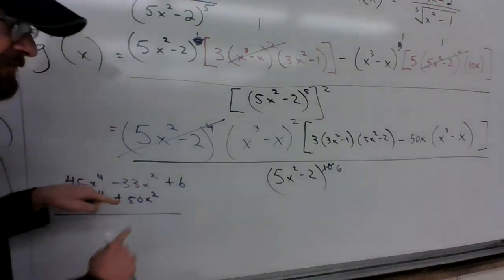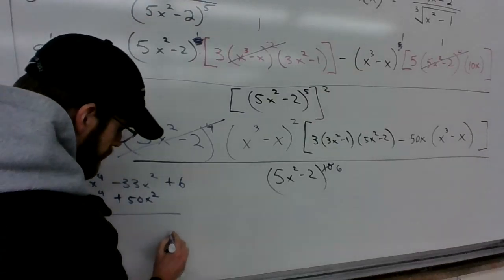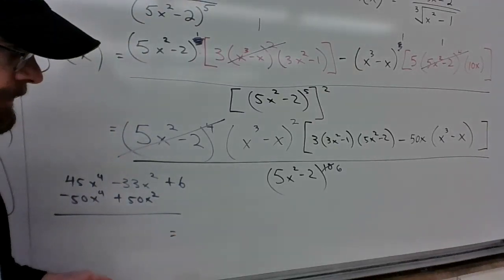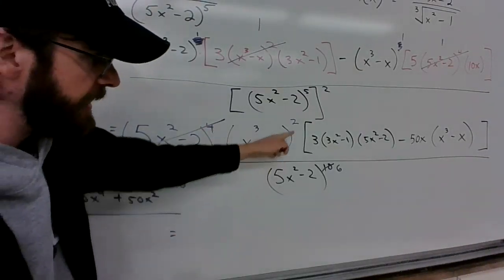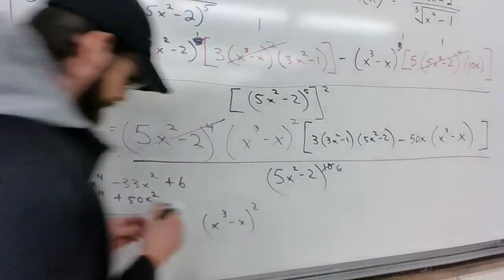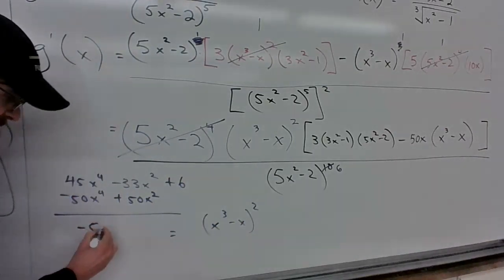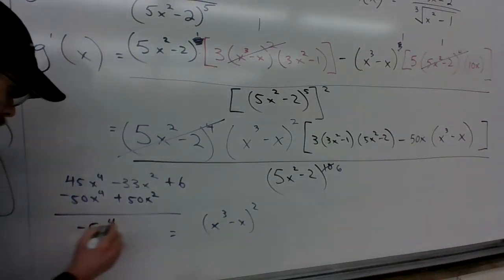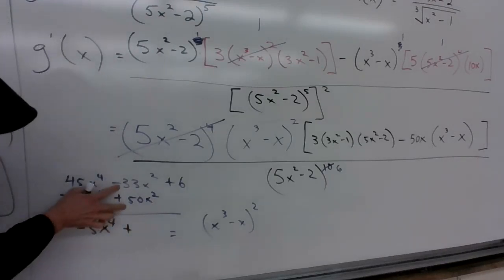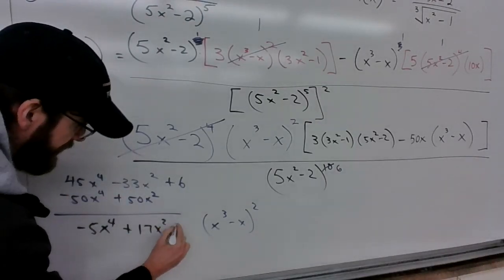This represents the variable expression in the black brackets. So I think we've got our final answer. It's going to be x cubed minus x squared, this simplifies down to negative 5x to the 4 plus 17x squared plus 6.